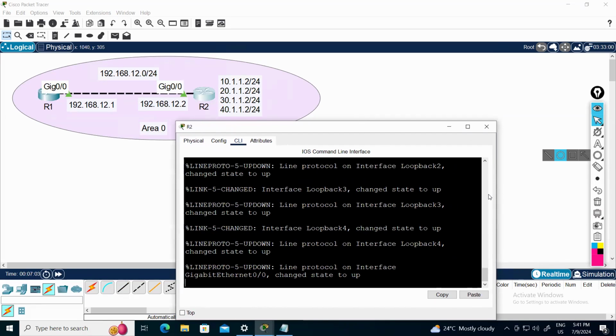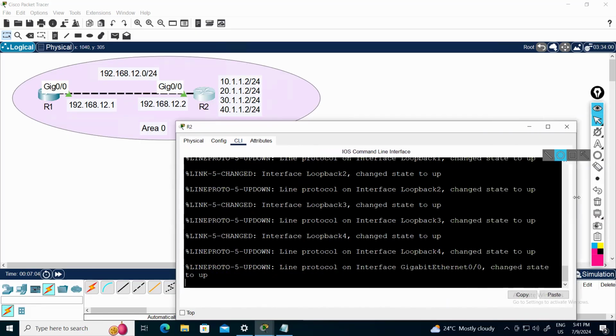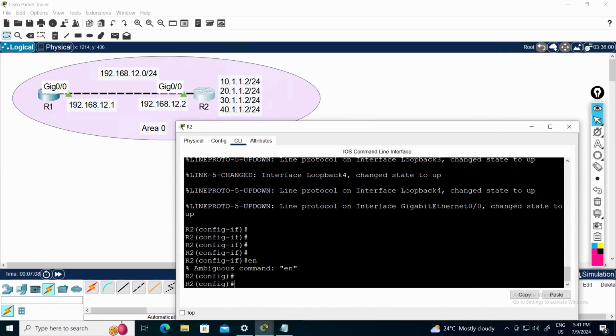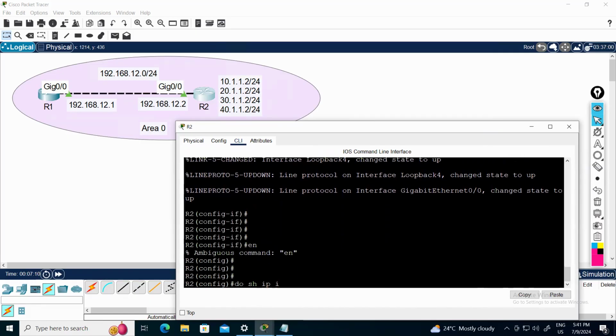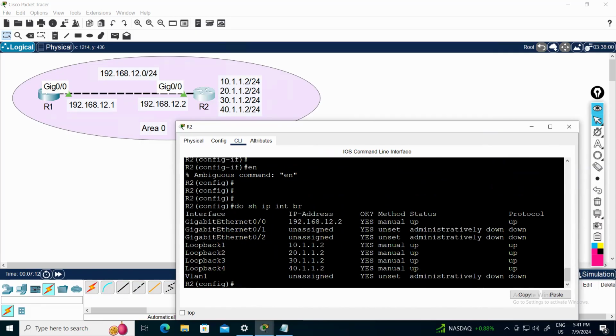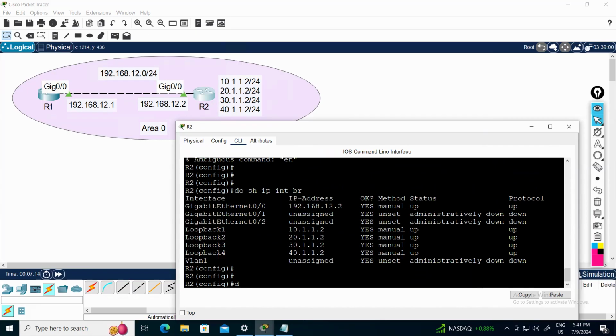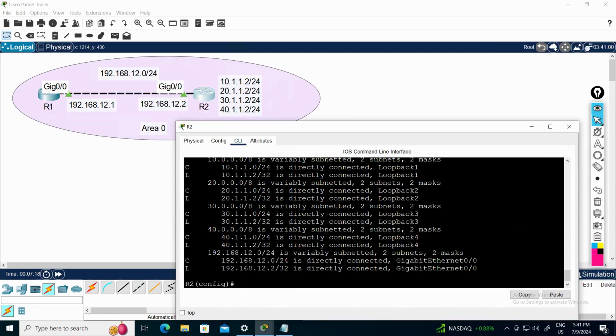Same sort of configuration. Show IP interface, show IP route. Okay, from here I can see 10, 20, 30, 40, and 12.0. Router OSPF 2.